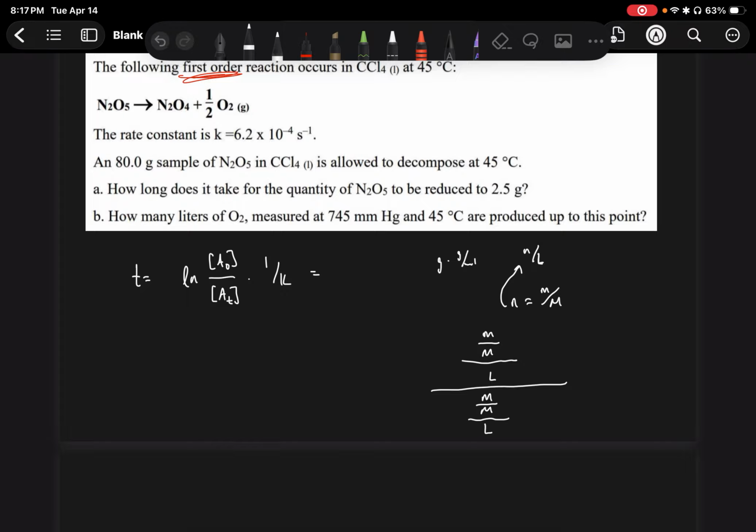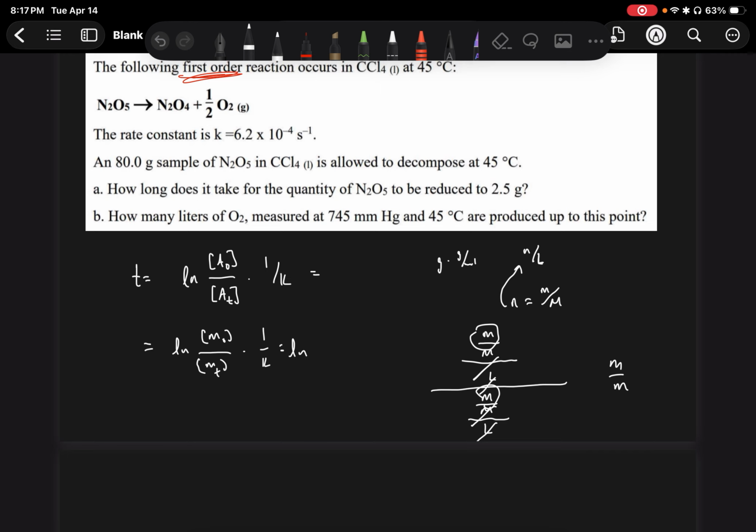Now keep in mind, liters is constant. Moles is constant as well. The molar mass is constant, so it's just the mass that is the difference. So we just put mass over mass. You know what I'm saying? So this is equal to ln mass original over mass at time multiplied by 1 over k.